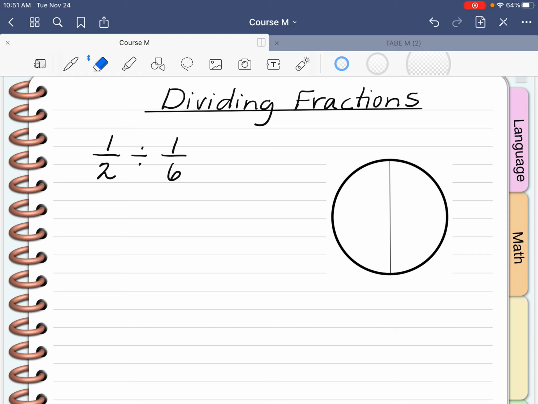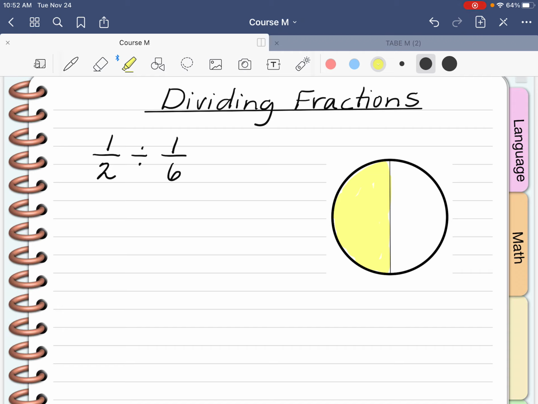I have this circle that is already cut into halves, and I want to go ahead and color half of that circle. I'm using my yellow color, but you can use pencil or a highlighter. Just color half of that circle.